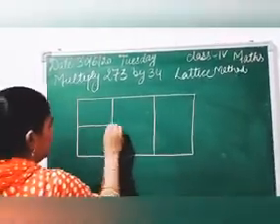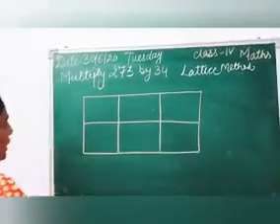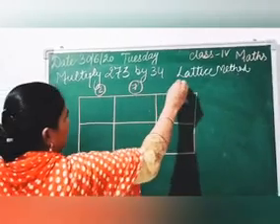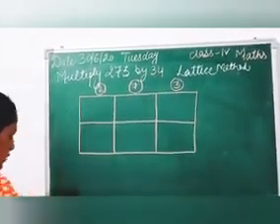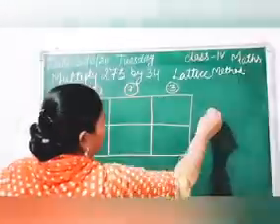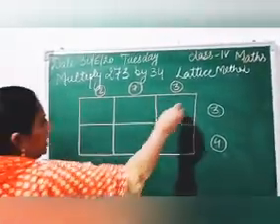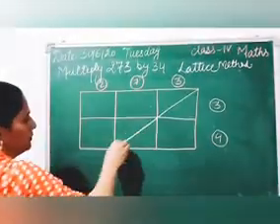Then here 2, 7, 3 and 34 is here, and all these boxes will be divided diagonally.